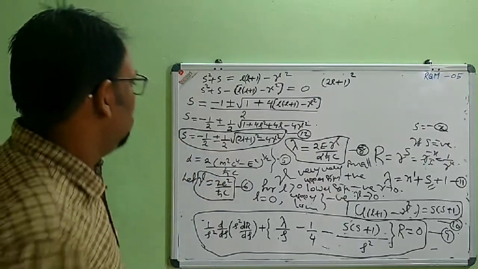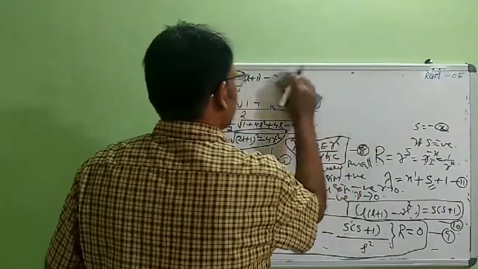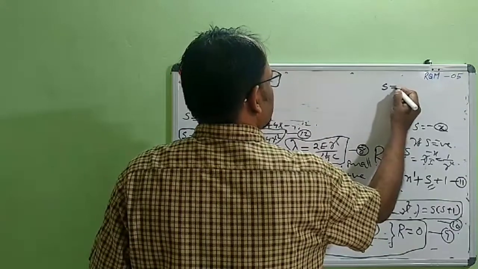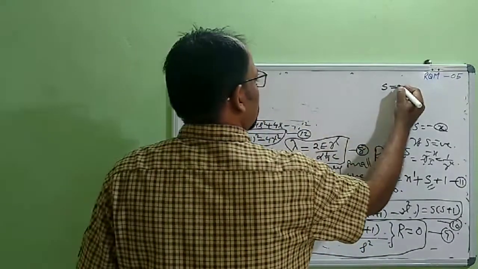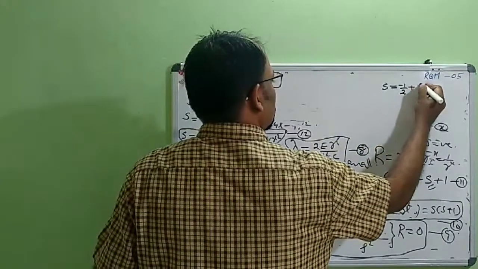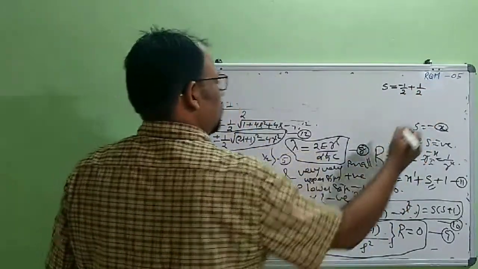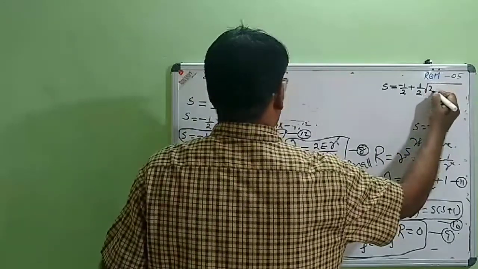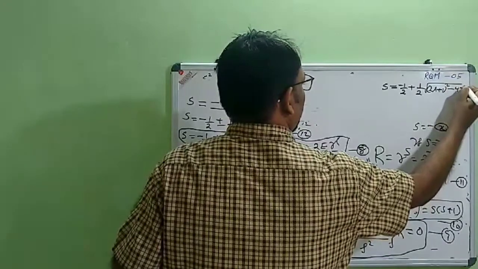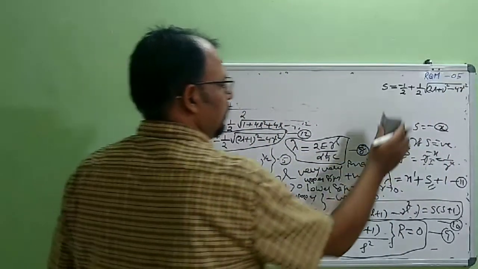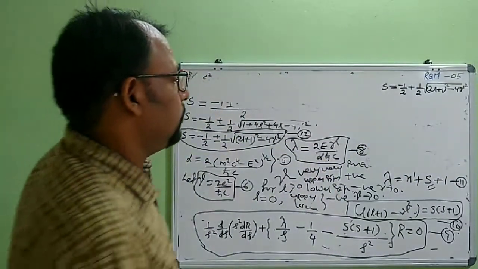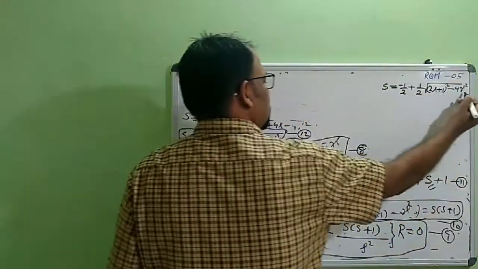So the value of s is obtained as s is equal to minus 1 by 2 plus 1 by 2 into root of 2L plus 1 the whole square minus 4 gamma square. We can write this equation by taking 2 common from both these terms.